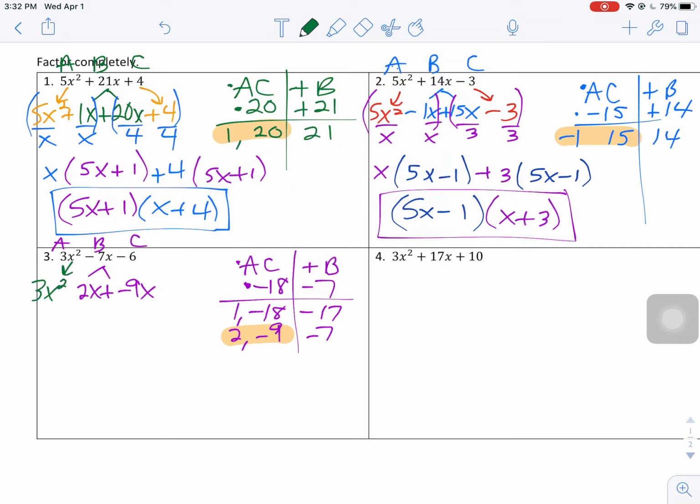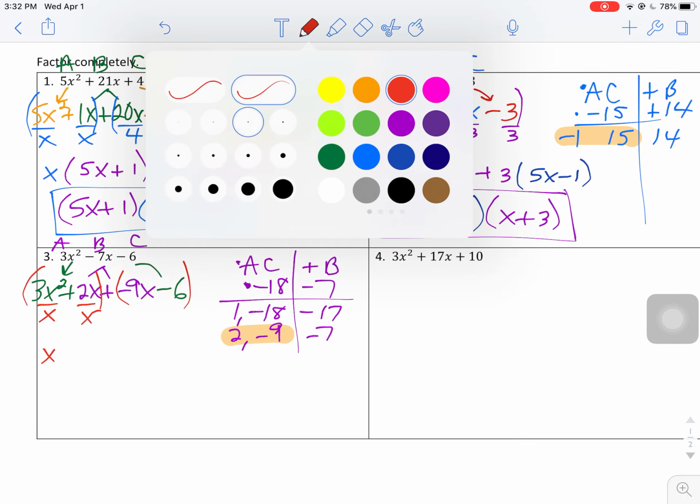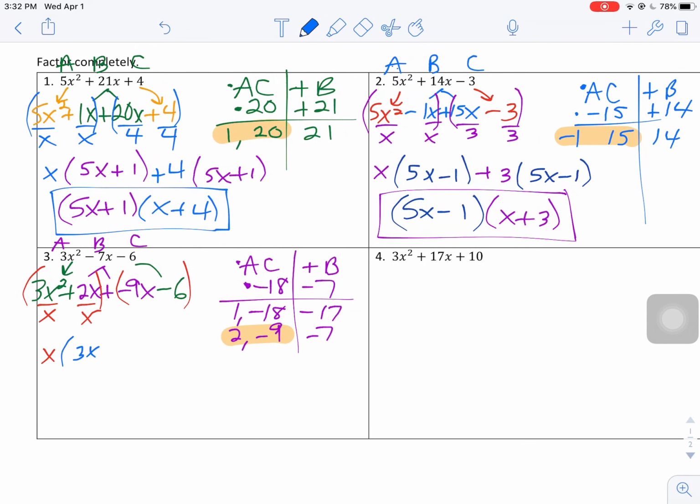Drag down the 3x squared in the front. Drag down the minus 6 in the back. Group the first two terms in parentheses. Group the second two terms in parentheses. And then let's divide out a GCF of x in the front.